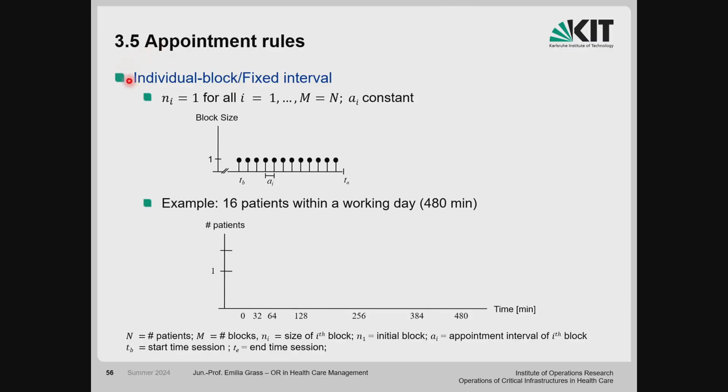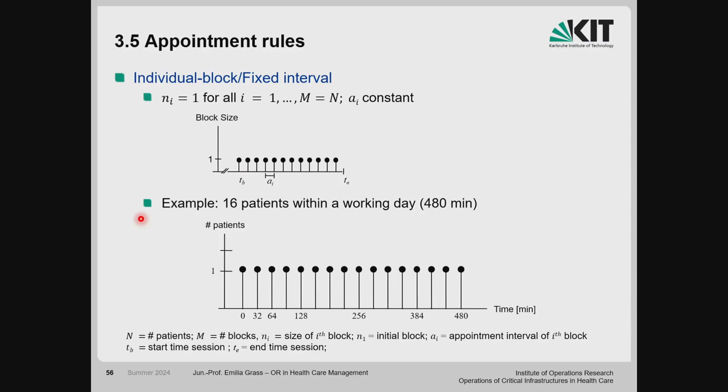We could have an individual block, meaning that per block only one patient is coming. So that means, for our example, every fixed time interval, we let one patient come in. Okay, so we compute the average time you need per patient, and then divide your working day into equal blocks so that you have a constant interval here.